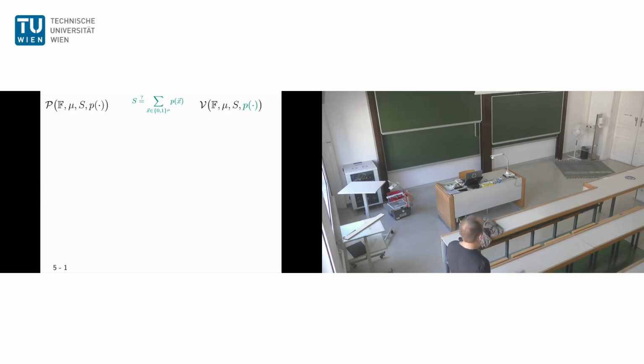Now at this point, all the prover knows is what field we are operating in. So our coefficients are field elements. He knows the dimension, I mean, it's implicit since he has the polynomial. He knows mu.